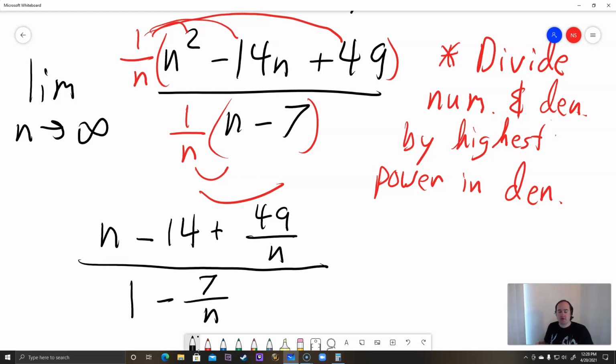So the limit as n goes to infinity here, well, the 49 over n is going to go to 0 because the denominator is going to become infinitely large. And the same thing in the denominator, this negative 7 over n is also going to go to 0.